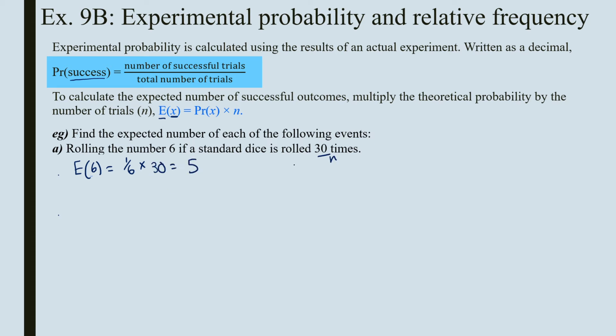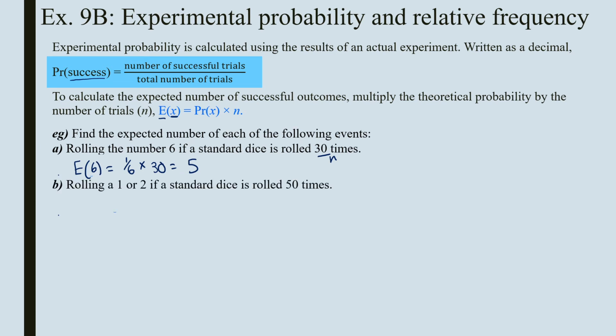So if I was to roll a standard die 30 times, I would expect to roll a 6 on 5 of those 30 occasions, okay? I may roll 1 six, I may roll 20 sixes, okay? So experimentally, our results might be different, but our expected number, and therefore our relative frequency from that expected probability, would be 5 rolls of the 6.